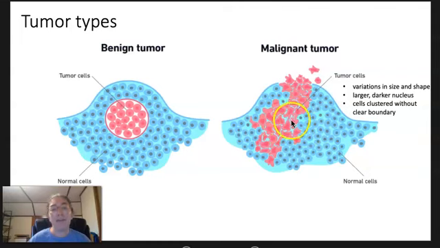So they have irregular shapes, variation in their shapes. They often have a larger and darker nucleus than the normal cells. They are oftentimes clustered without a regular defined border, and they can invade other tissues and actually leave the tissue that they originated from. And so there are various stages of malignancy that we'll talk about.